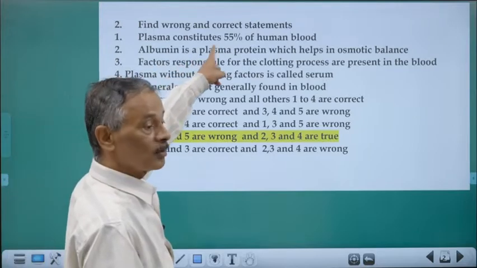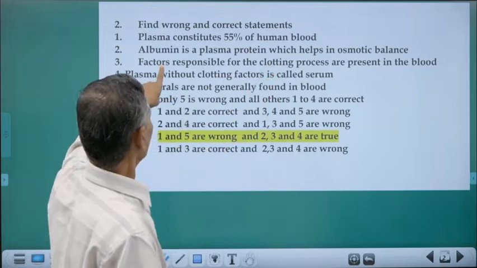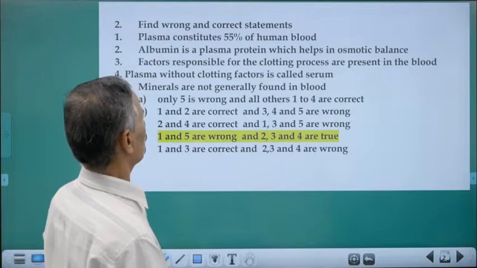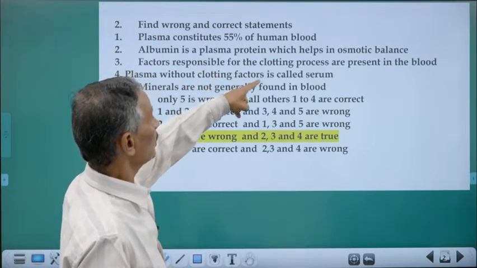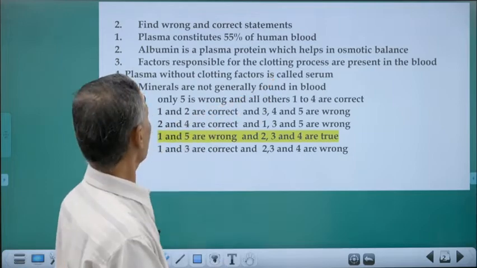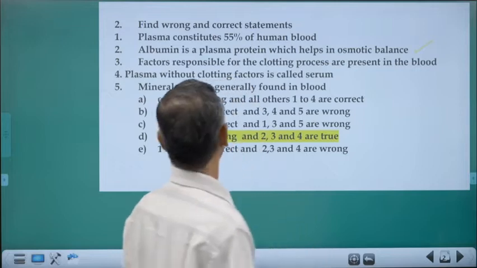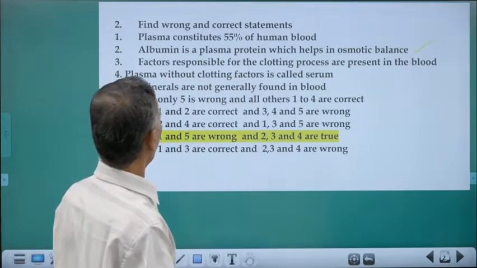Corpuscles are 45% and plasma is 55%. Albumin is a plasma protein which helps in osmotic balance. Correct? Albumin is responsible for keeping up water within the body.